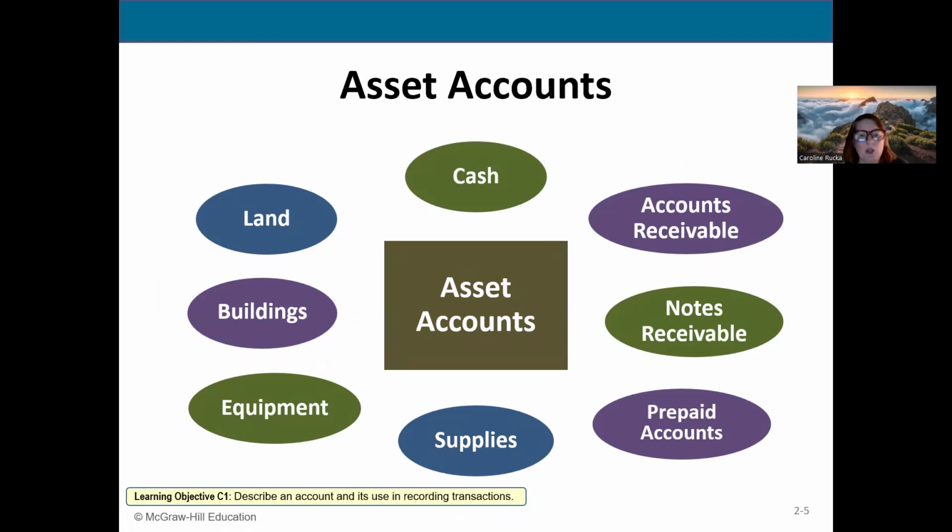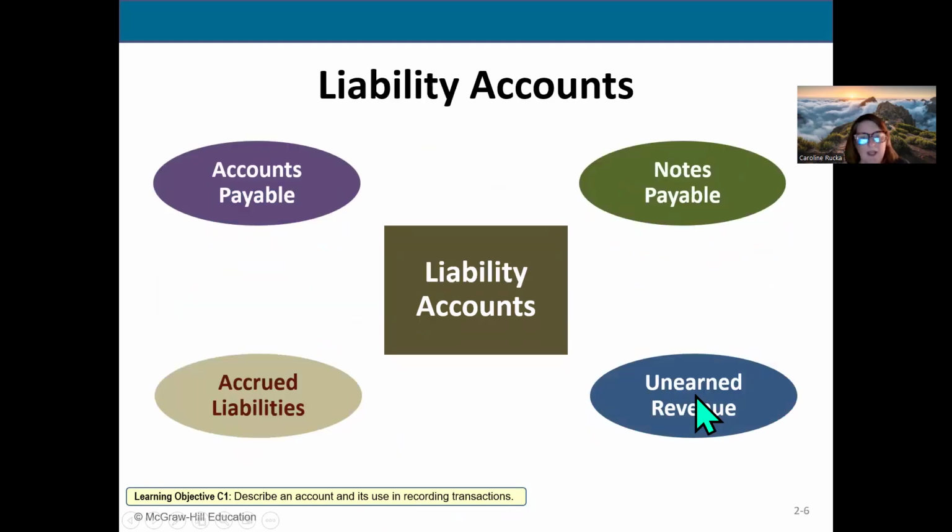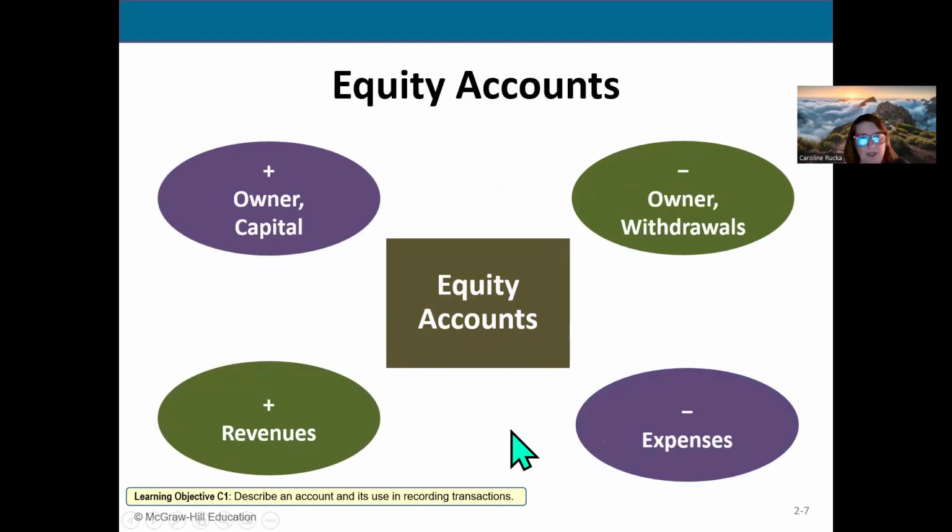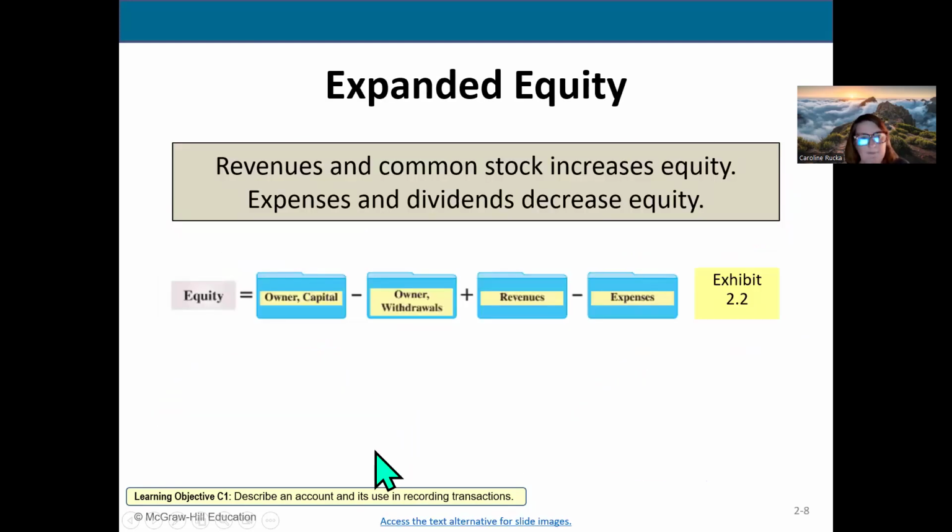Okay, so again, all these are different types of asset accounts. All of these are the different types of liability accounts and these are different types of equity accounts. Okay. So our revenue and common stock increase our equity. So that's money that people put in, right?